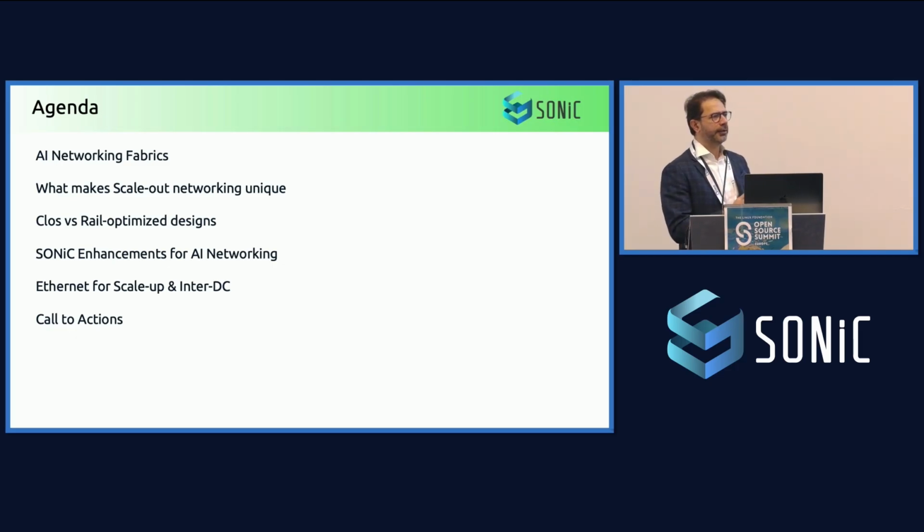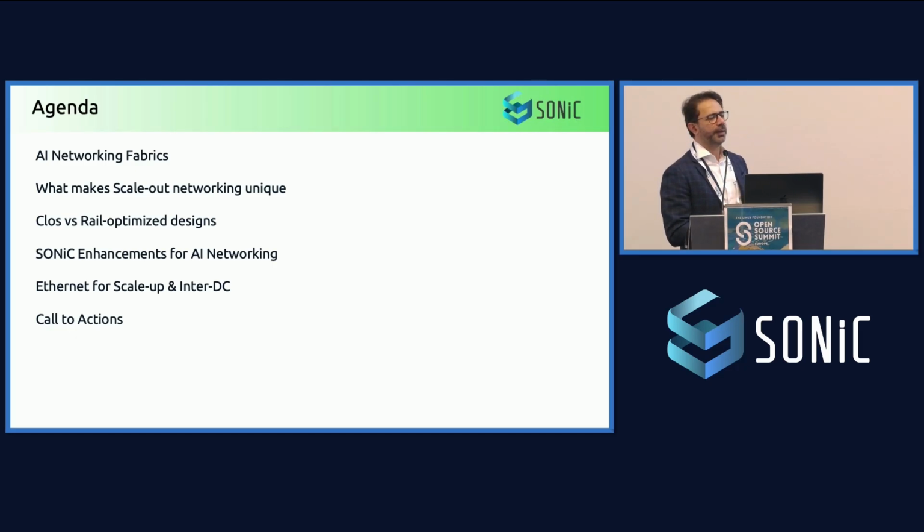I'll start by talking about what are the different AI networking fabrics out there. Most of you would be familiar. This is just to level set. But I would also highlight where SONiC is already working and where we as a community need to work to enable those use cases for SONiC.